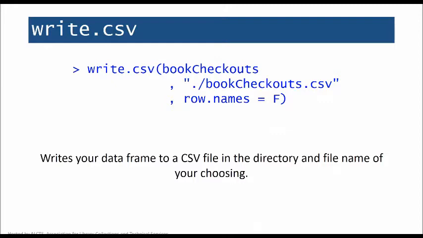So here I'm saying in the root directory, create a new file that's called bookcheckouts.csv. And then the third argument there is I don't want row names. That's set to true by default, and I typically just set it to false. So what this does is writes that data frame to a CSV file that you can then email to someone, or if you want to look at it in Excel, you can open it in Excel.